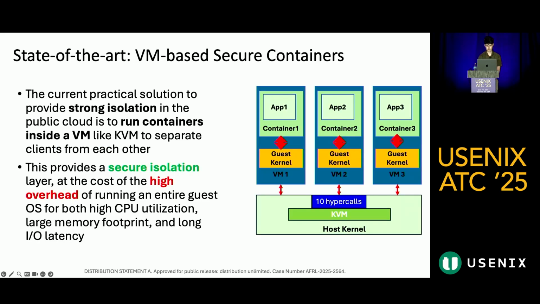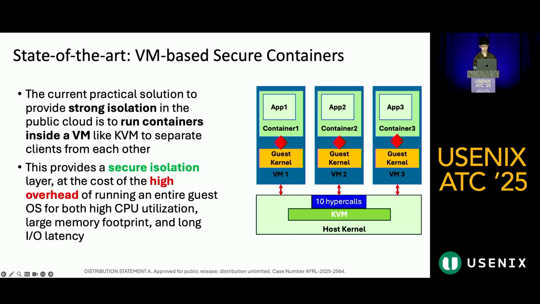To address the security concerns we just discussed, the current solution in cloud environments is to run containers inside of virtual machines. This approach leverages a hypervisor like KVM to provide strong isolation, by separating clients at the virtual machine level. Each container runs inside of its own virtual machine, which includes a guest operating system and kernel, providing a dedicated environment for the tenant or service.